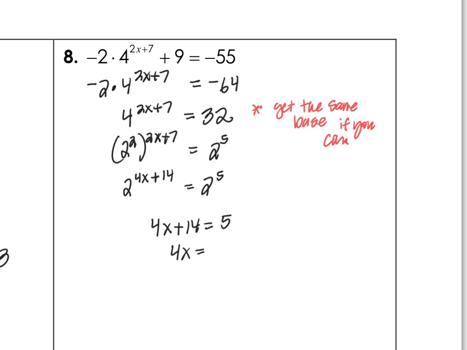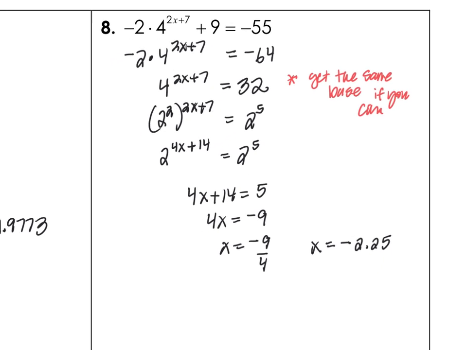So 4x is equal to, what is that, negative 9. So x is negative 9/4. So you don't even need a calculator on that one. But if you did want to get a decimal, that's what, negative 2.25. Now you could still do the log on both sides. It's going to give you the same exact thing.